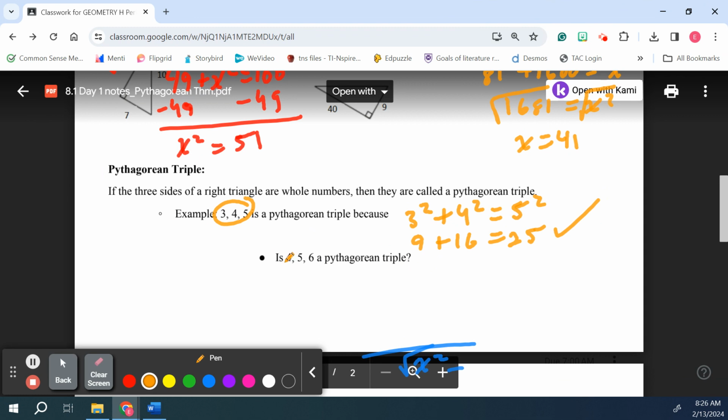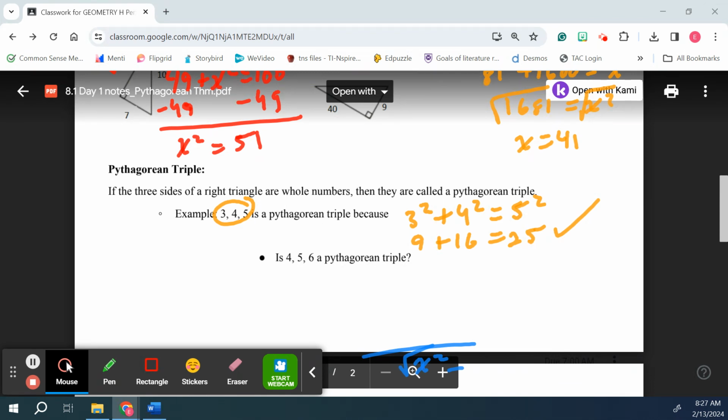Try this one on your own and tell me if it is or is not. No, they are not.